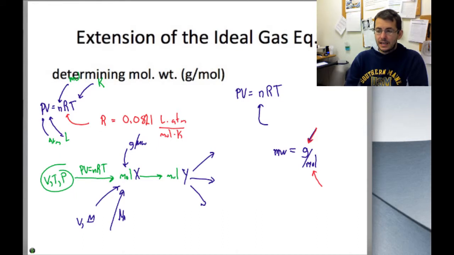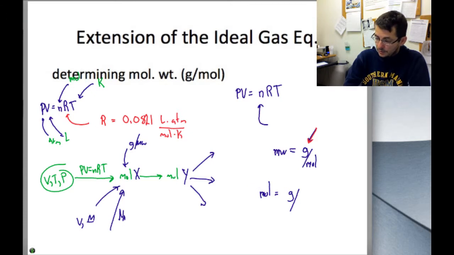So given a mass and a number of moles, you can calculate the molecular weight of a compound. If we substitute molecular weight into this equation, the moles equal the grams of a compound divided by its molecular weight, and we can substitute that into our gas law and obtain the following.